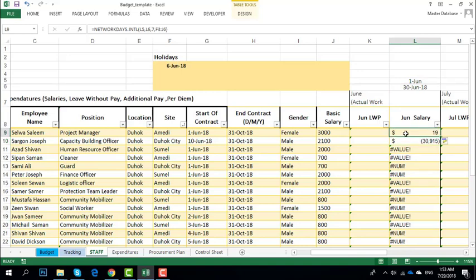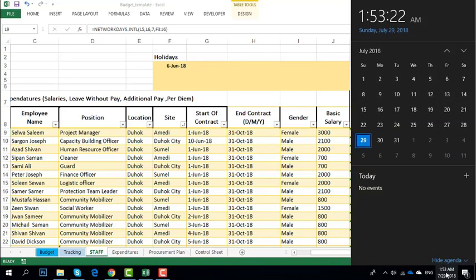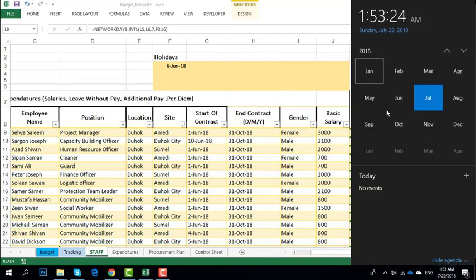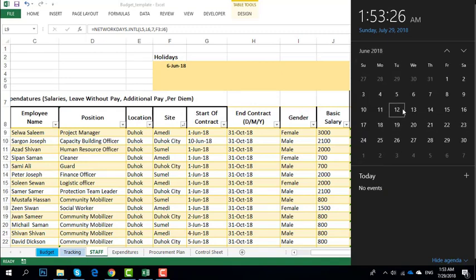Why this? Because before, the default, which is common in the older world, is that Saturday and Sunday are the weekends, while in Iraq we have Friday and Saturday. If you go and see, the first day of June is Friday, while the last day was Saturday.